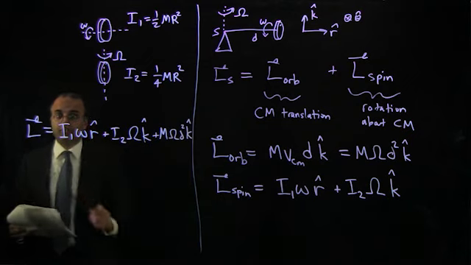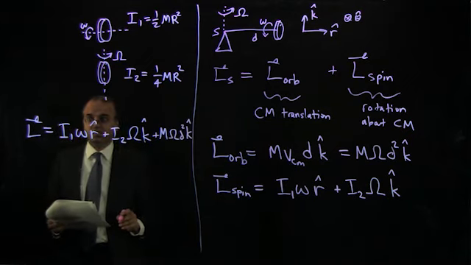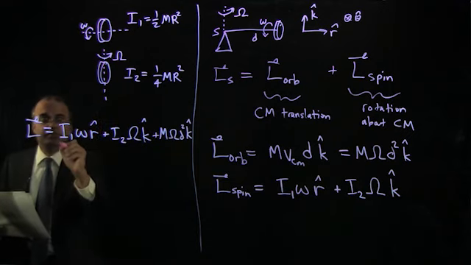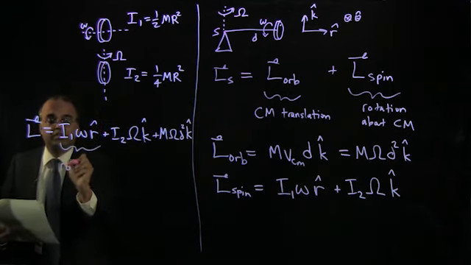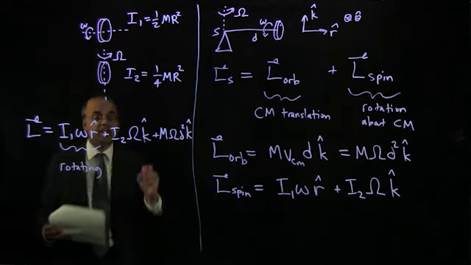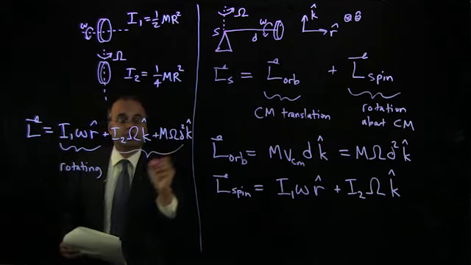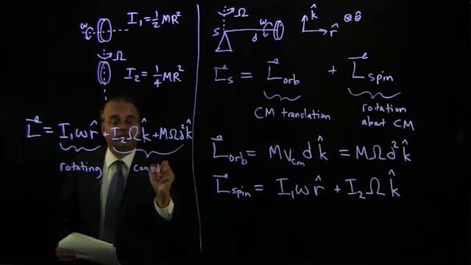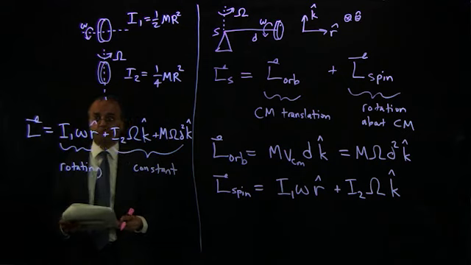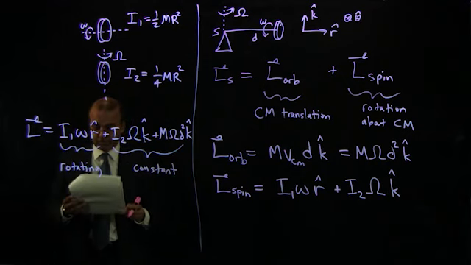The first term, the r hat component, is the only part that's rotating. So this is a rotating vector. The k hat terms are constant. This is the exact expression for the angular momentum of a gyroscope.